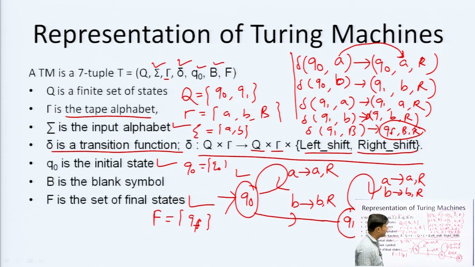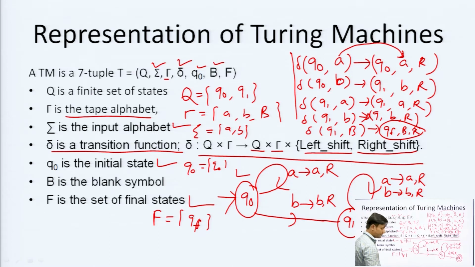Whatever was there remains the same: A remains A, B remains B, and blank remains blank. So you can say this is a regular language. Every string must have a substring B. This is what is accepted by this diagram.